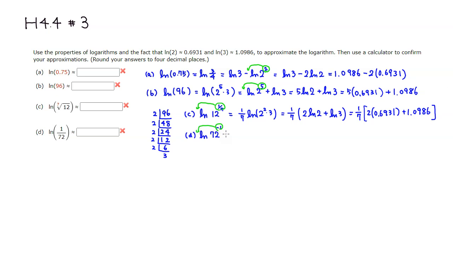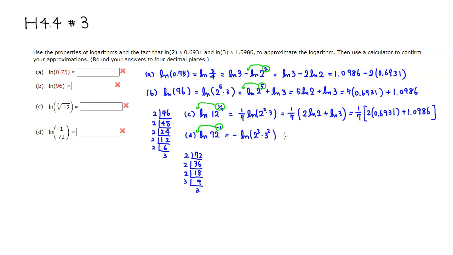So we have negative natural log of, what's 72? 72 is even, so divide by 2, and you get 36, and it's still even, so it's going to be 18, and still even, so it's going to be 9, and then 3 times 3. So this is 2 cubed times 3 squared.